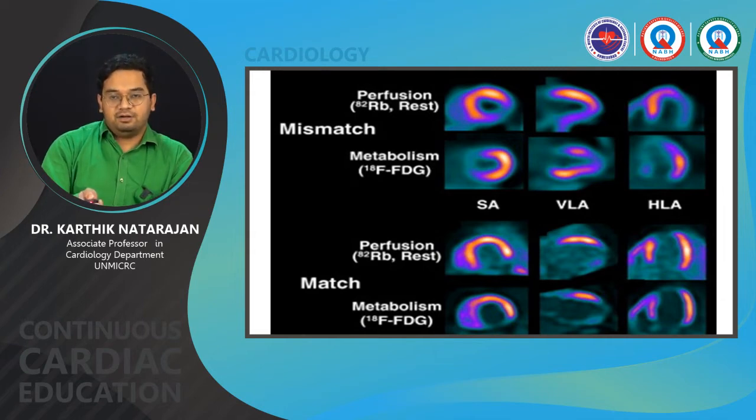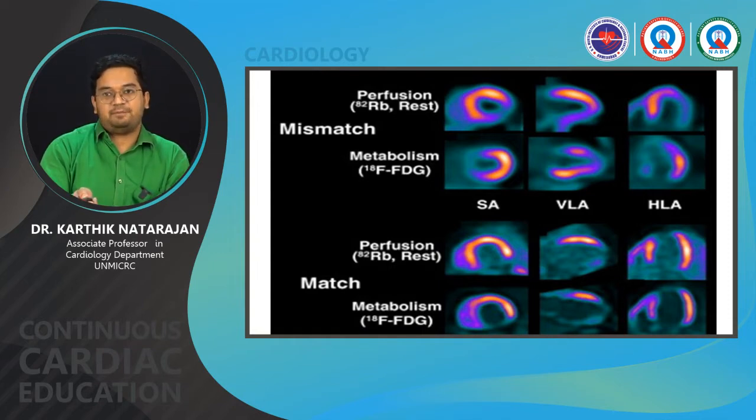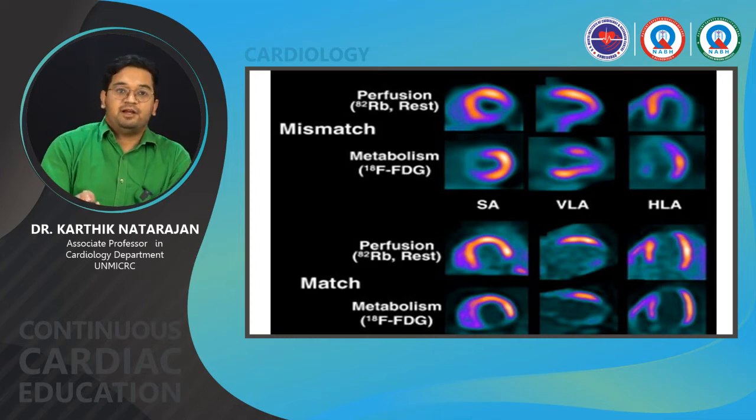In the vertical long axis view, the inferior wall predominantly lacks tracer uptake, whereas here the apical regions lack tracer uptake. In the horizontal long axis view, the lateral portion lacks tracer uptake, whereas in the metabolism part, the septum lacks tracer uptake. So this is a mismatch indicating a viable myocardium.